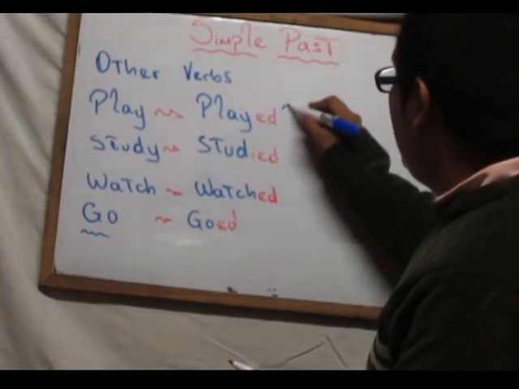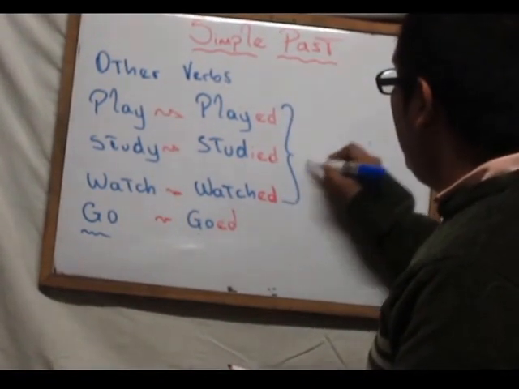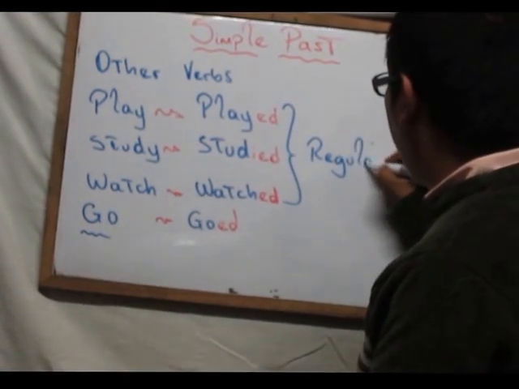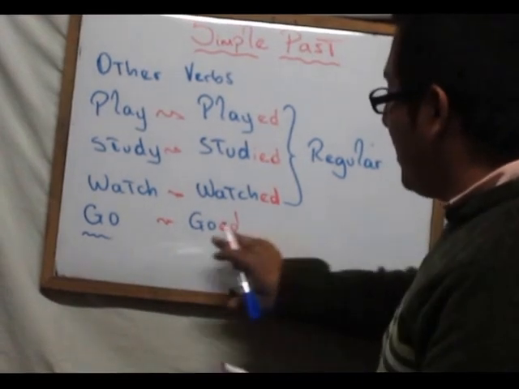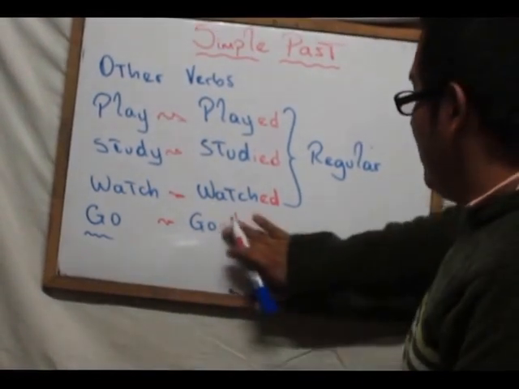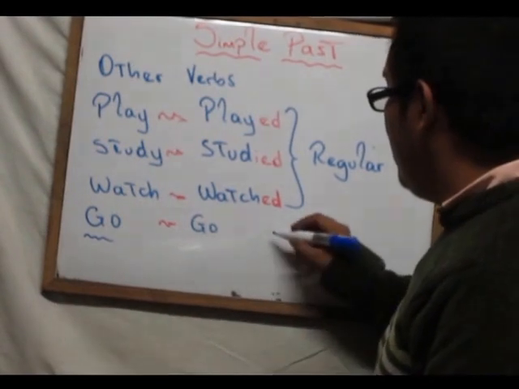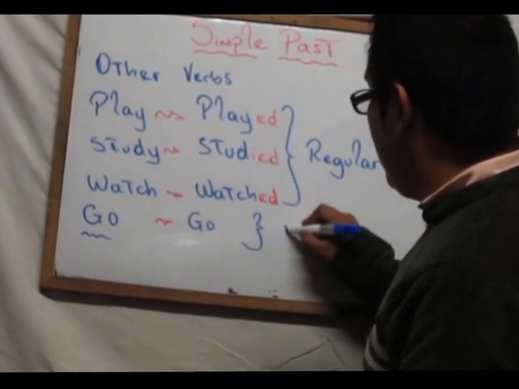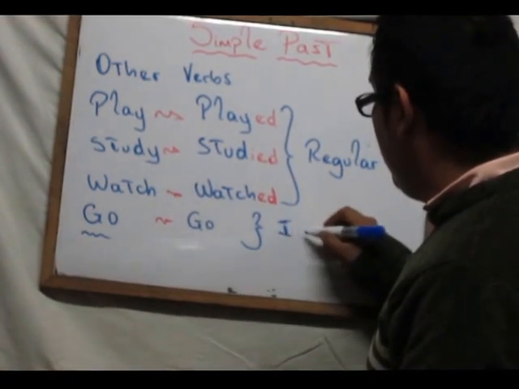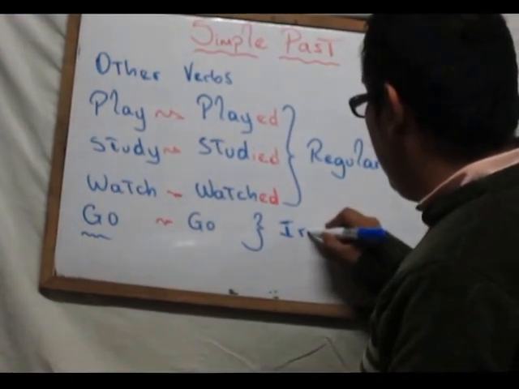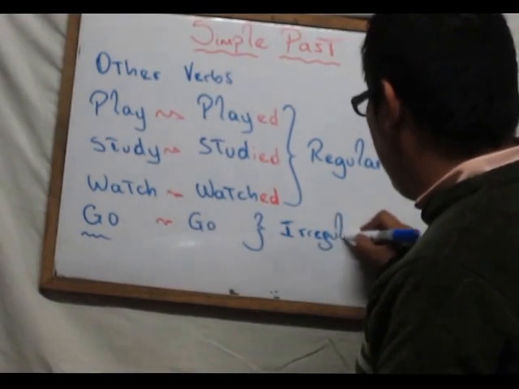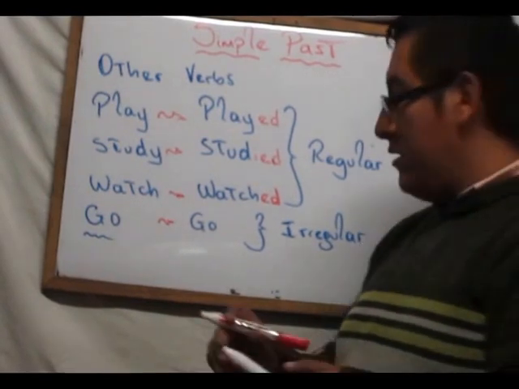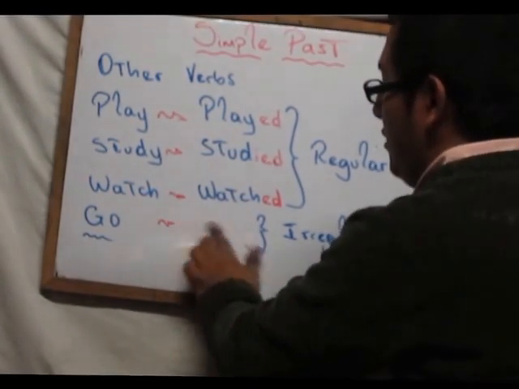Three verbs are regular, but the last one is irregular. And with this verb, you need to change the form.